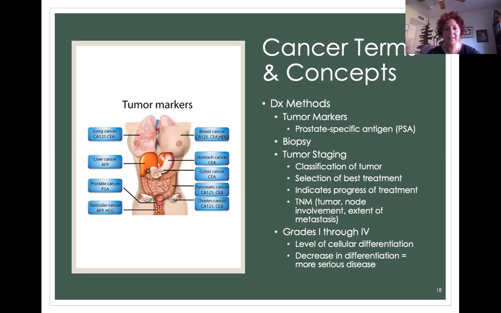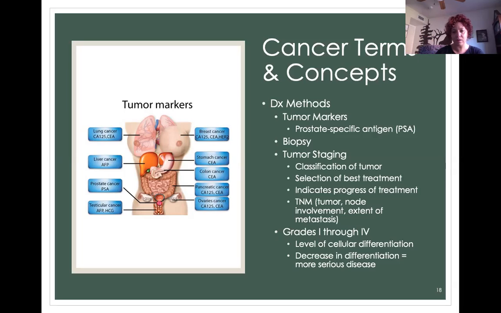cancer cells release, and some cancers have these very specific chemicals that they release, and you can see some in the image here. A common test for prostate cancer, or to diagnose or determine if prostate cancer is called the prostate specific antigen, or PSA.